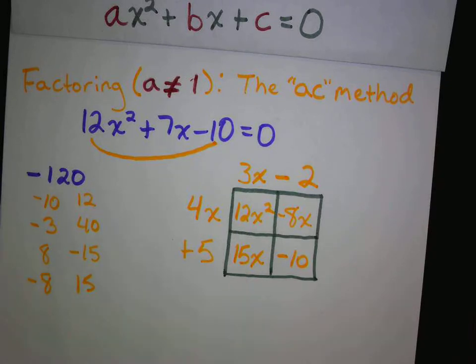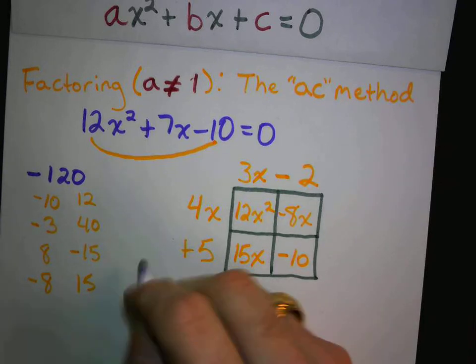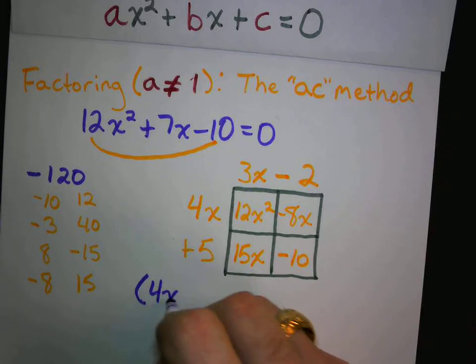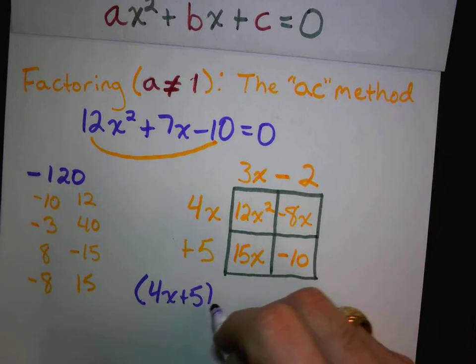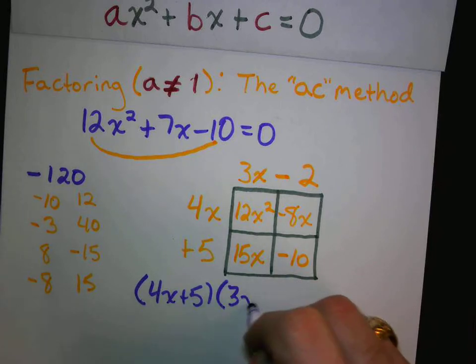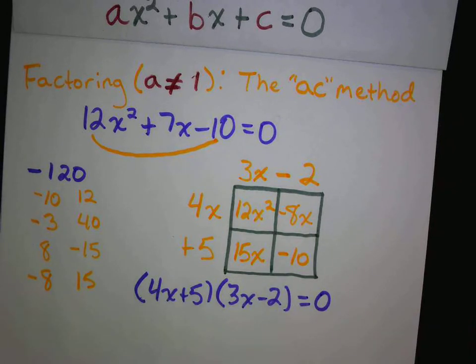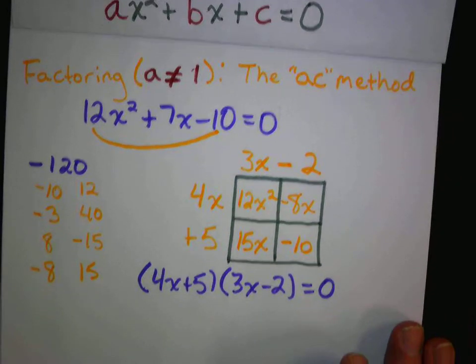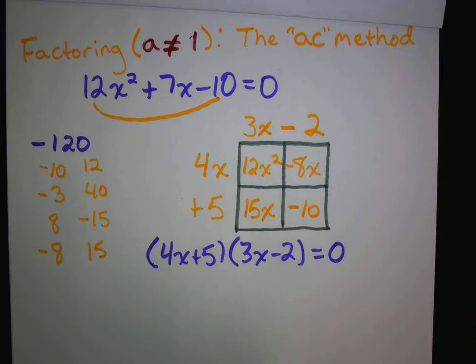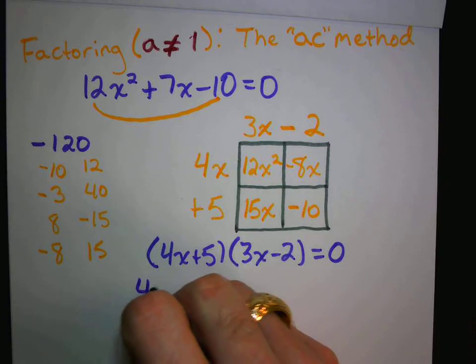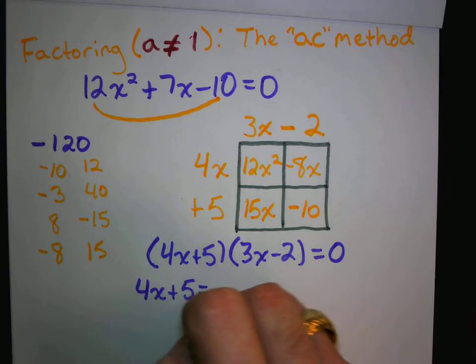And so what we have found is that the equation we started with factors to 4x plus 5 times 3x minus 2. And that still equals 0. And just like before, I'm going to take each factor and set it equal to 0 and solve.